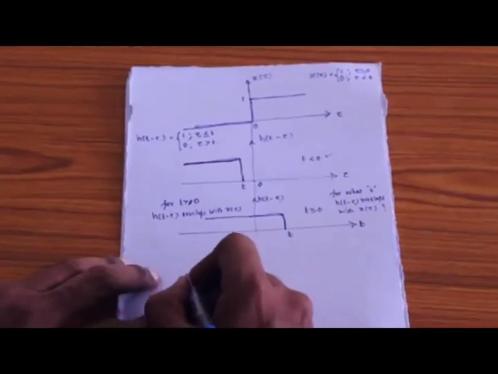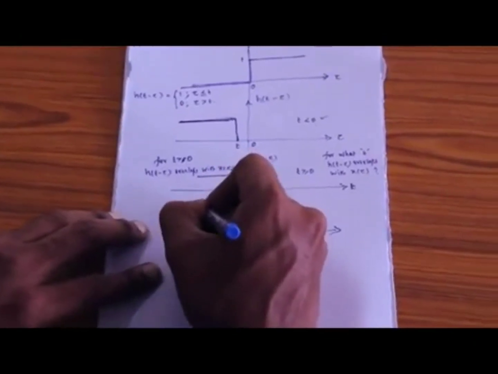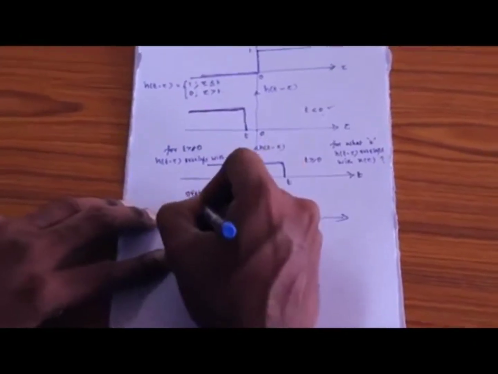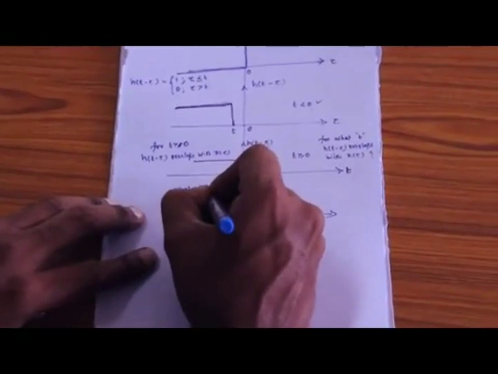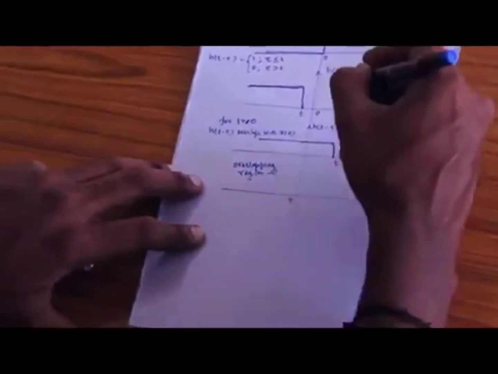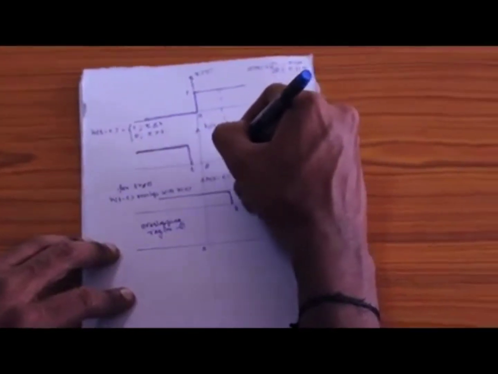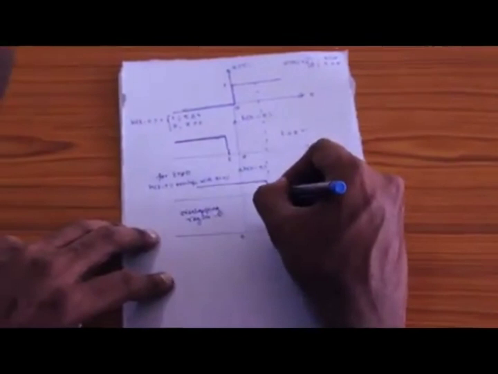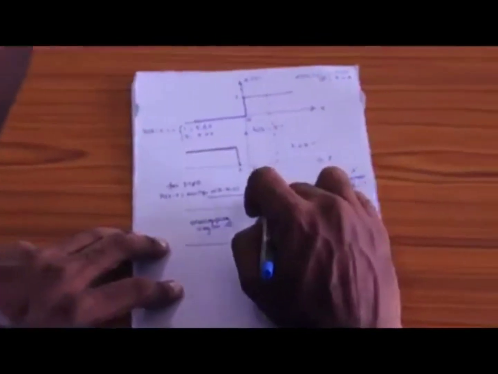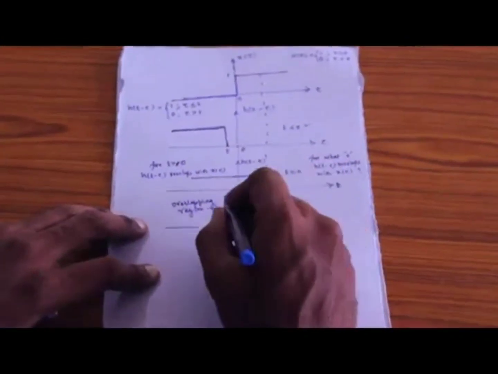Now if you consider the overlapping region, this is my t. If this is my t, h of t minus tau and x of tau overlap for a duration of t.